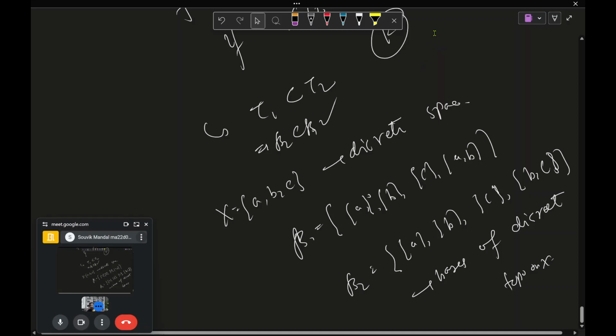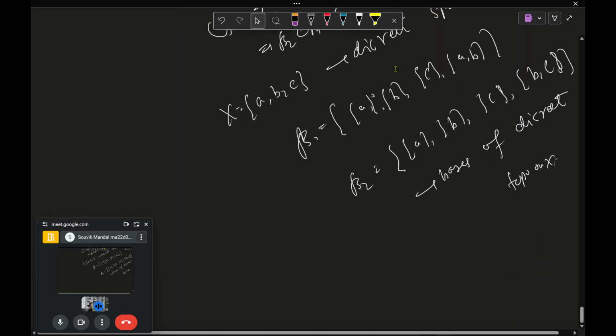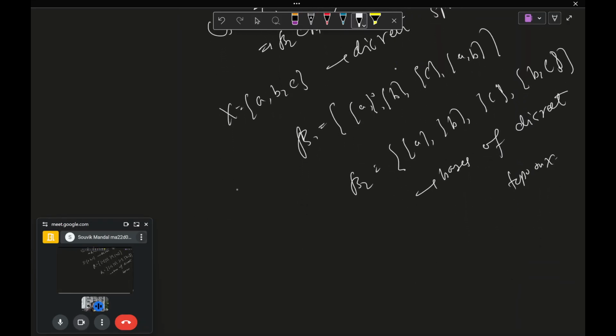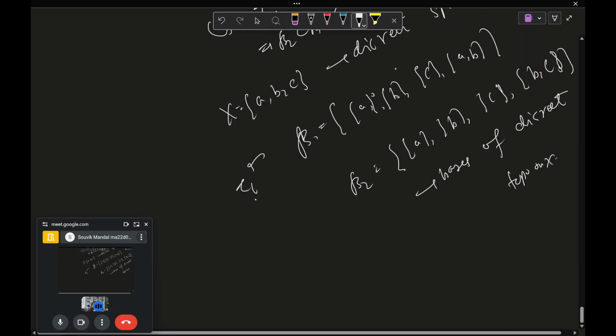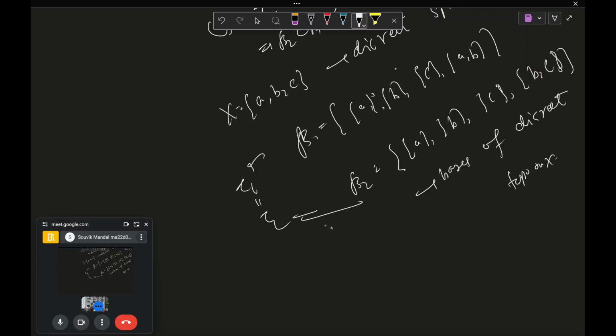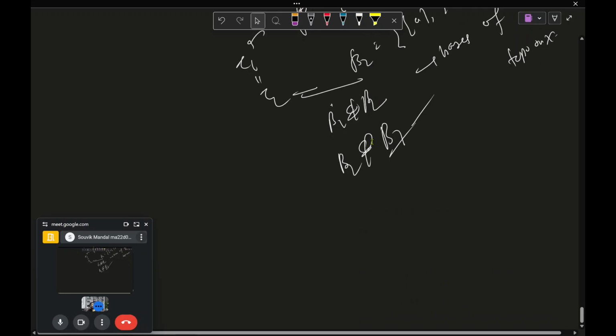So obviously both are bases, and the topology tau 1 and tau 2 are equal because both are discrete topology, but of course neither is a subset of the other. So beta 1 is not a subset of beta 2 and beta 2 is not a subset of beta 1. So that is false. Okay. Going to the next question.